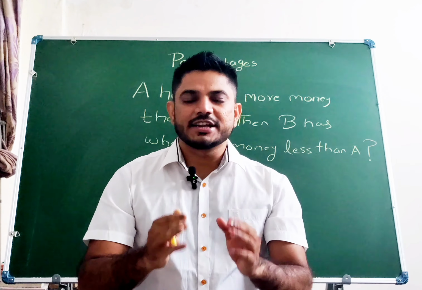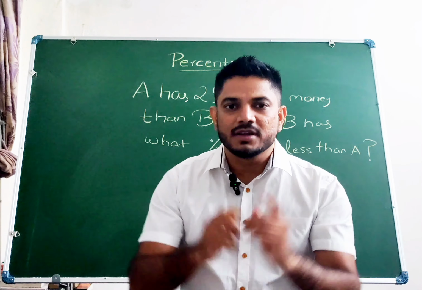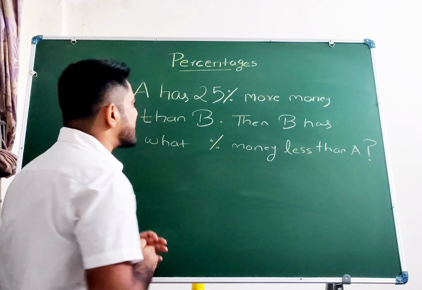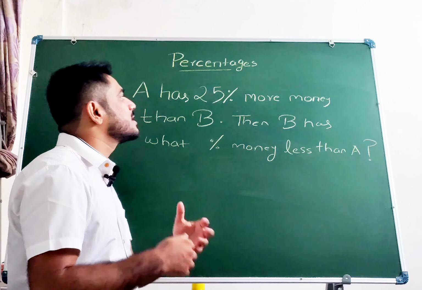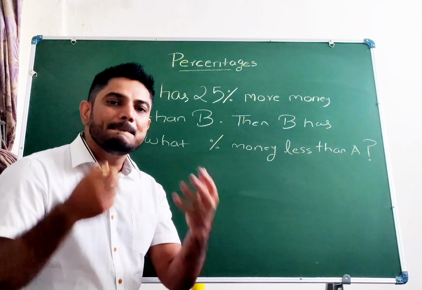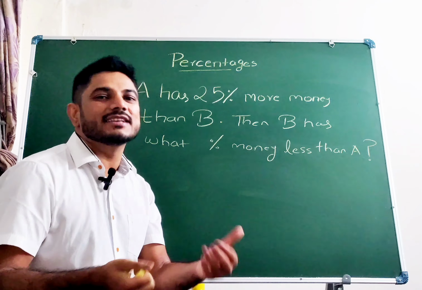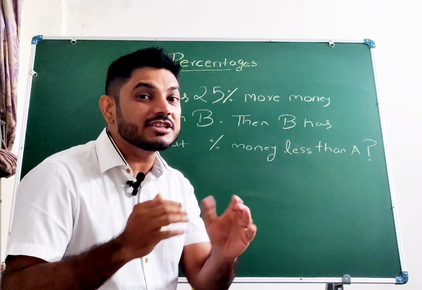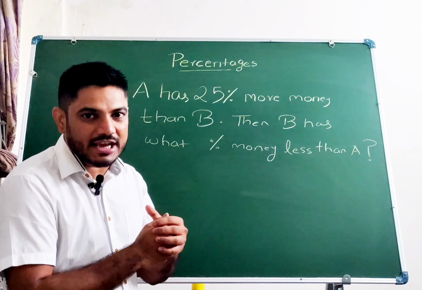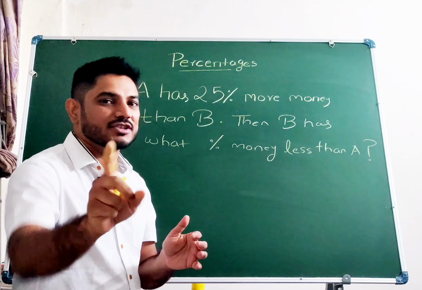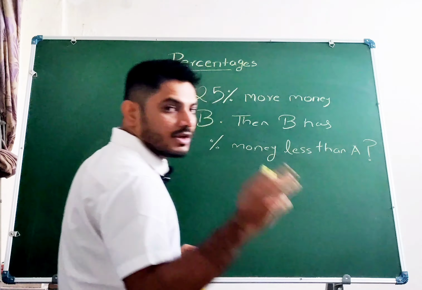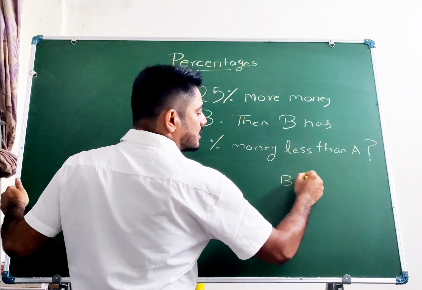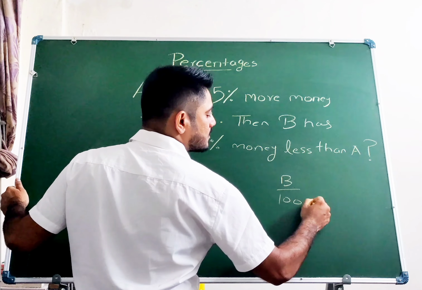So, percentage offset, a very important concept. Let's learn it with the help of this example. A has 25% more money than B, then B has what percent less money as compared to A? Alright? So, their actual amount is not going to change, just the perspective is going to change, hence the value is also going to change, it is not 25%. Suppose B has 100 rupees.